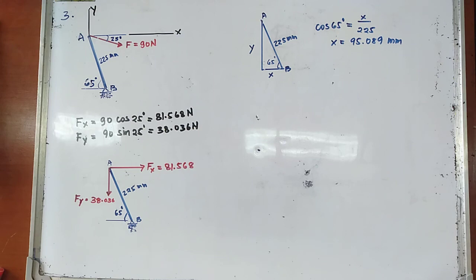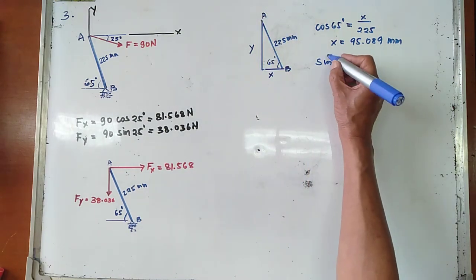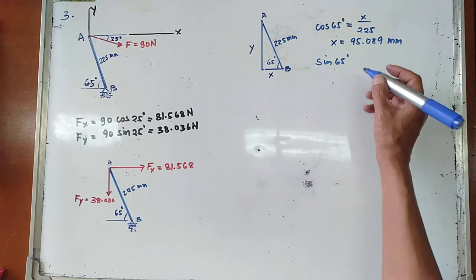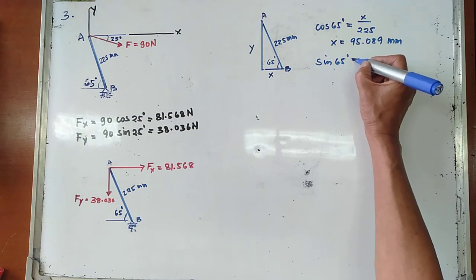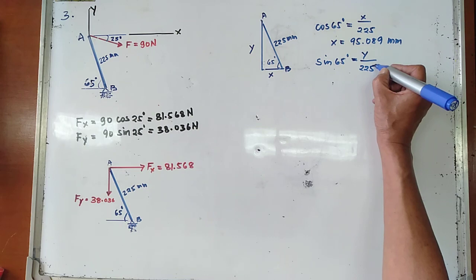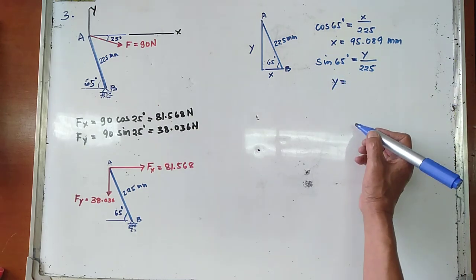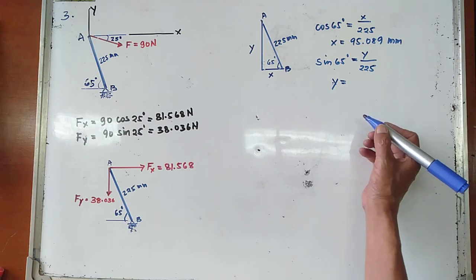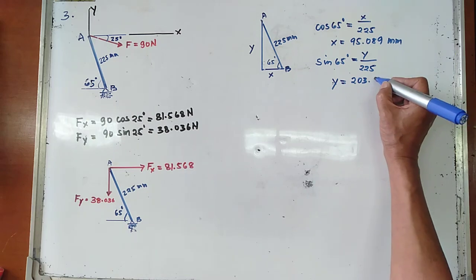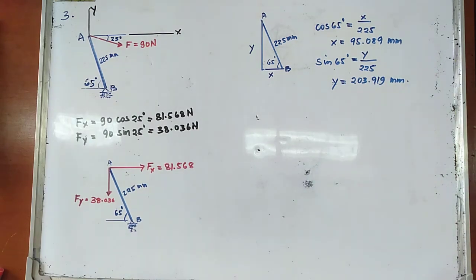Next, let's try to determine y. If you get the sine of 65 degrees, this is equal to y all over 225 mm. So the value of y is equal to 203.919 millimeter.